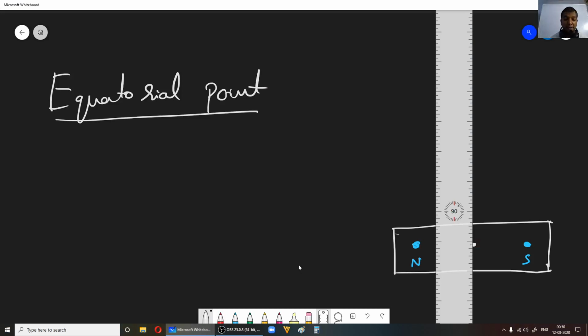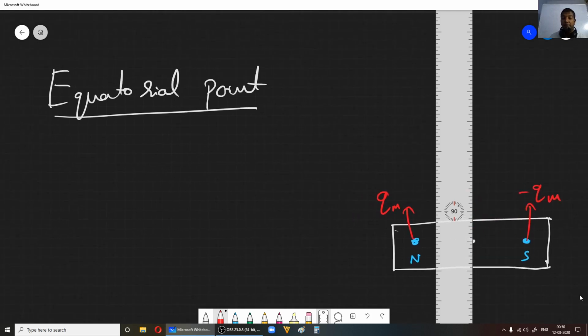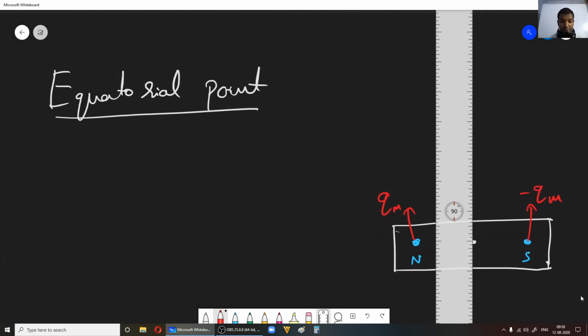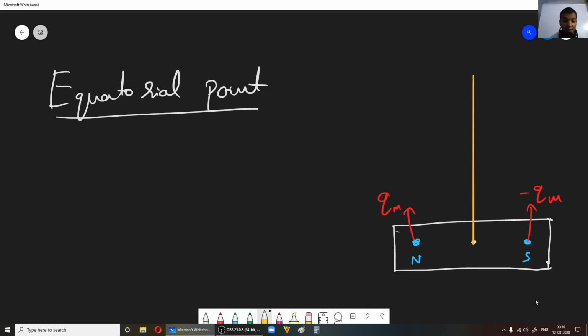Now let us try to see the magnetic field at the equatorial point. For the north pole we'll associate a positive magnetic charge, and this will be a negative magnetic charge. If I draw a perpendicular line, we just have to find out the magnetic field at one of the equatorial points.